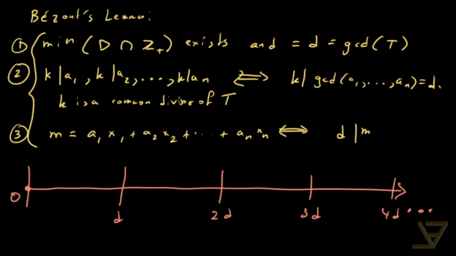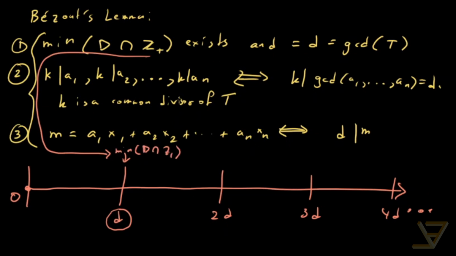Remember, little d is the greatest common divisor of the n-tuple t. So this over here is, by this statement, equal to the min of D intersect Z plus, capital D.